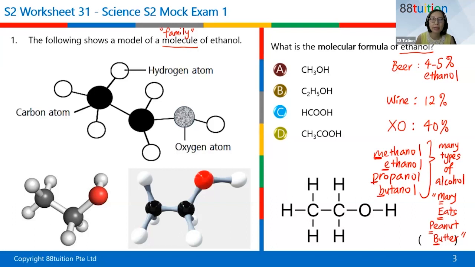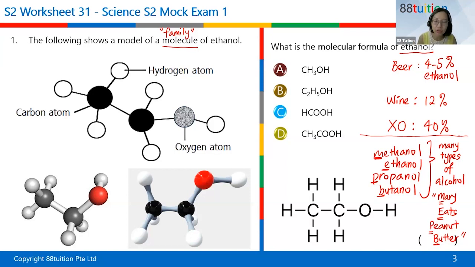Because you will have other chemicals called methane, ethane, propane, butane. You will have methanoic acid, ethanoic acid, propanoic acid, butanoic acid. So it's always MEPB, the first letter. Anyway, I'm going slightly beyond, just letting you know you can remember it by Mary eats peanut butter. You know, peanut butter jam.